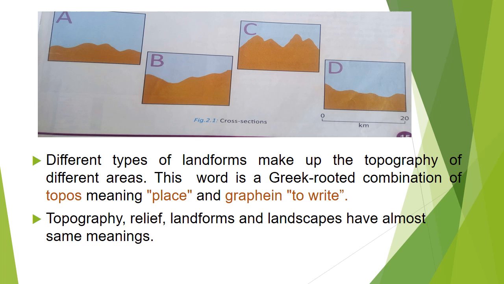Topography, relief, landforms and landscapes have almost the same meanings. Here in this slide you can see these 4 words in the last line. They mean mountains, plains, plateaus, rivers, valleys, glaciers, deserts, etc.